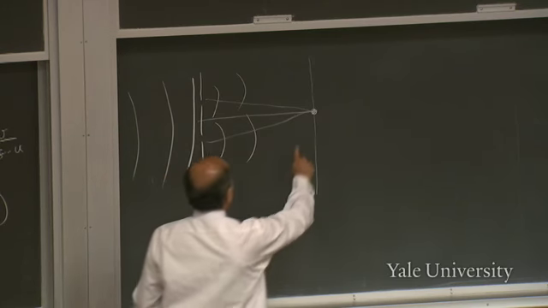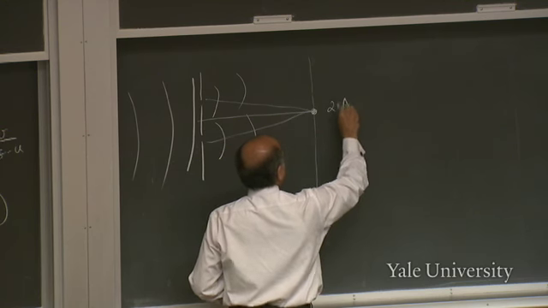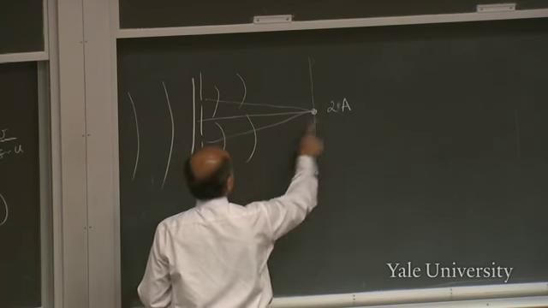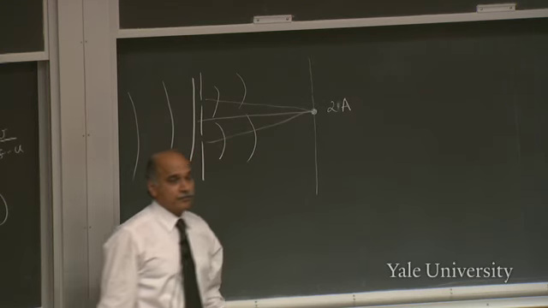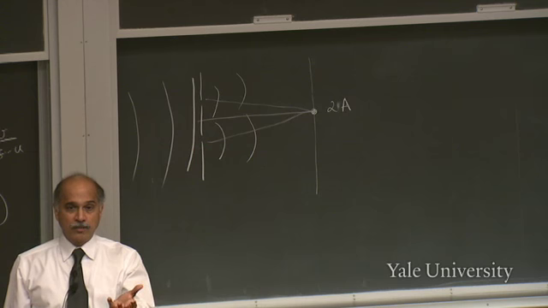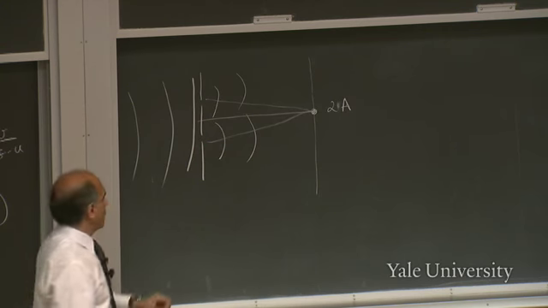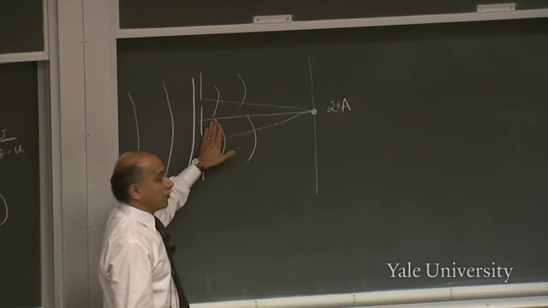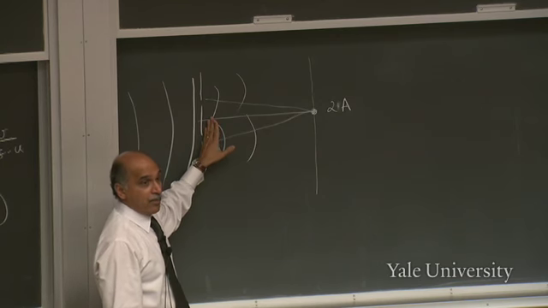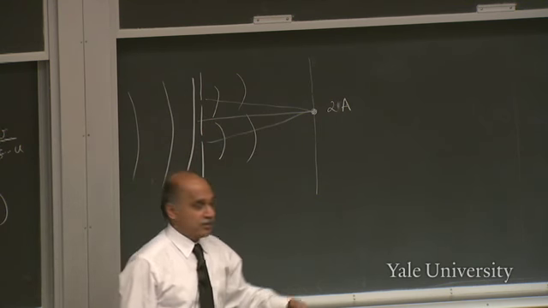So here psi will become 2 psi, or A will become 2A. If you had an amplitude A from this and A from this, you will get 2A here. So the water will be very choppy there. If you're living on a little boat, the boat will rock up and down with amplitude 2A. If you shut off this hole, amplitude will go back to just that from one hole, it will be A. 2 gives you 2A. That's what makes a lot of common sense.